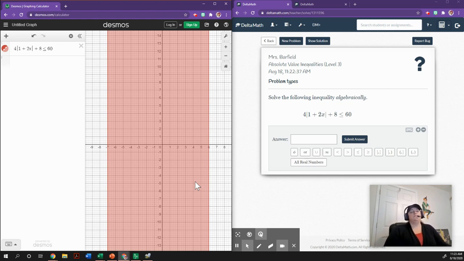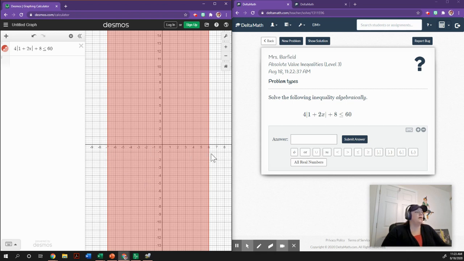And I think if I had to choose which one was more difficult, this particular picture is what causes students the most concern, because when it's shaded outward, they're writing two separate inequalities and just putting the word or in between. All right, so this is crossing at -7 and 6, and these are solid lines.